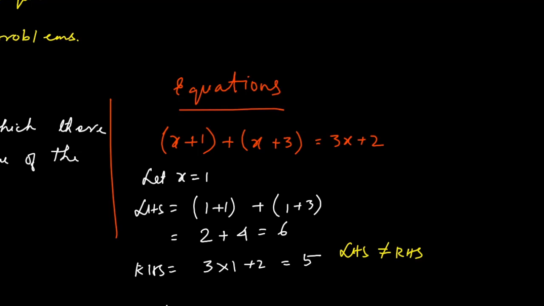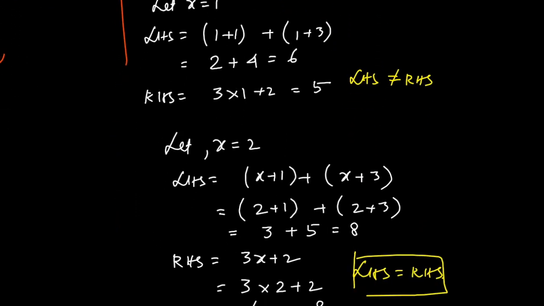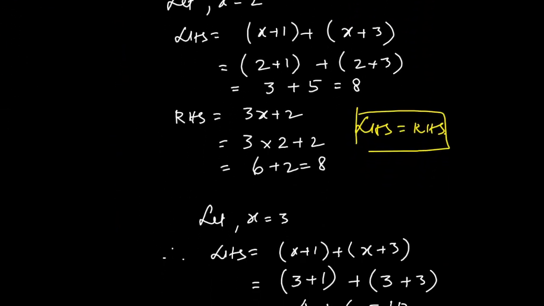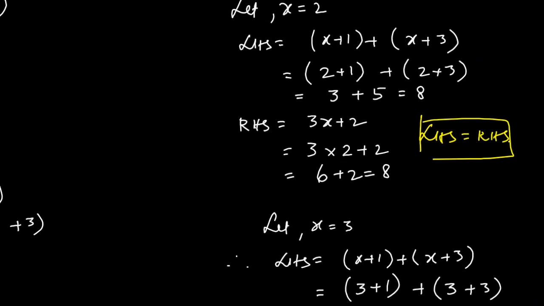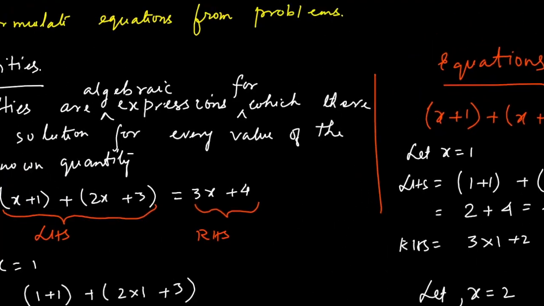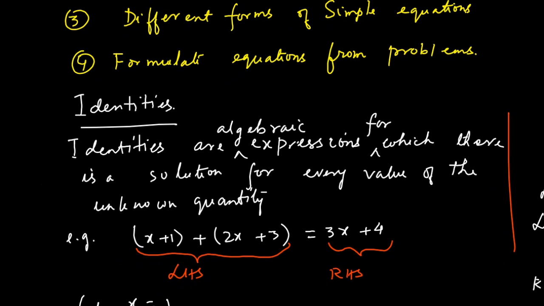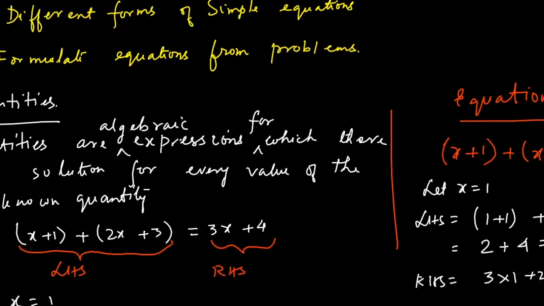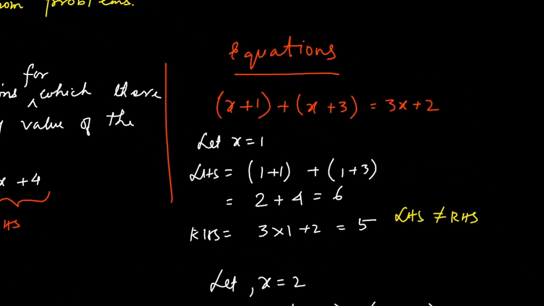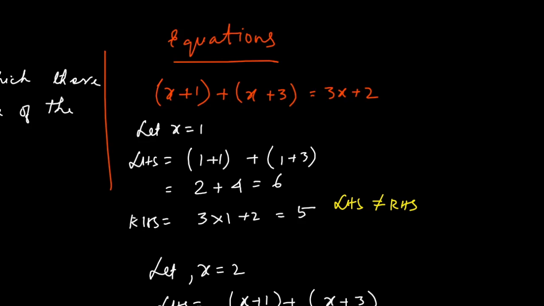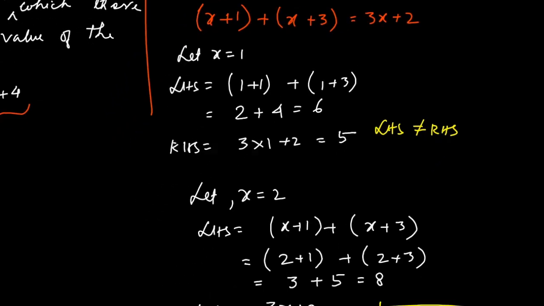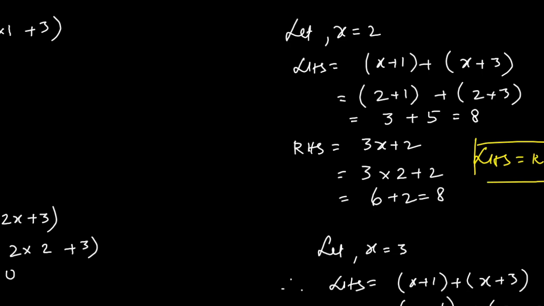Unlike identities, which are valid for every value of x, equations are valid for only particular values of x. This is the basic difference between identities and equations. So I think you get it.